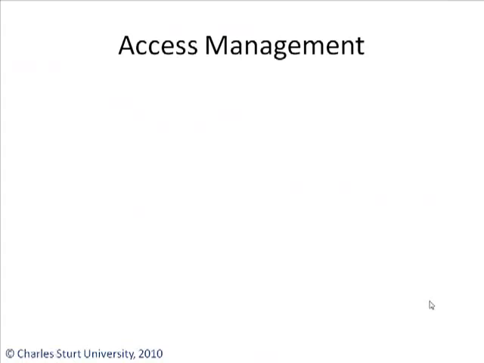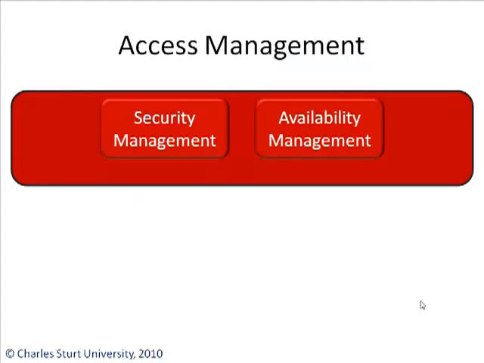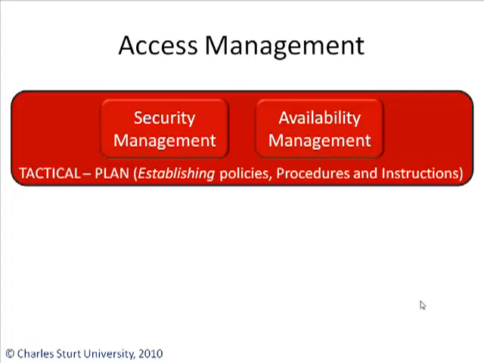I'll try to visualize the relationship between security management, availability management, and access management. Security management and availability management are the more technical, the more planning and design processes. They are establishing the policies, the procedures and work instructions. They really create the rules and the guidelines.